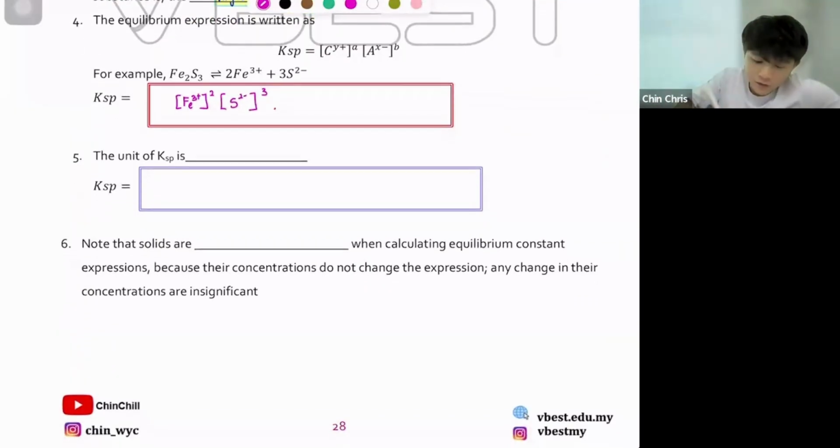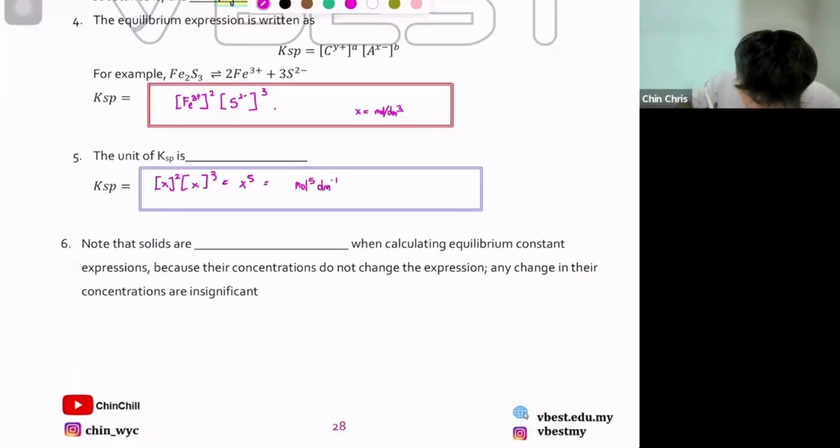I can always let x be mol per dm cube, so the Ksp unit is x squared multiplied by x cubed, which is x to the 5, so mol to the 5 dm to the negative 15. Done. Easy.